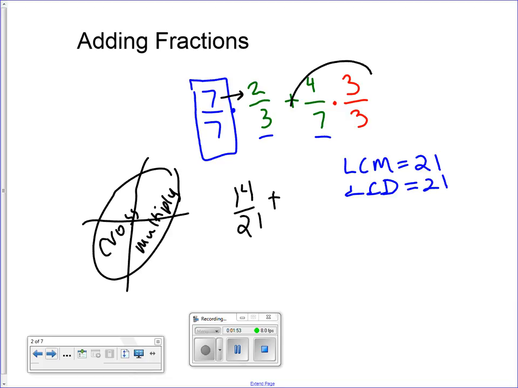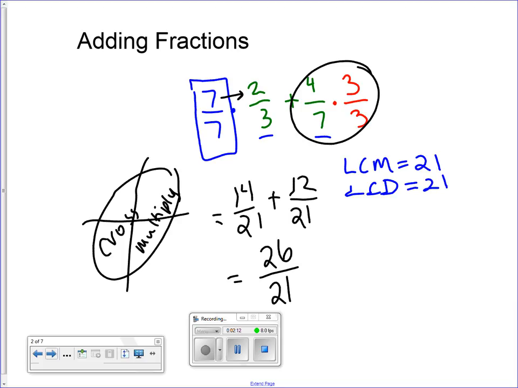You do the same thing to the other fraction. An equivalent expression is 14/21 plus 12/21. Now you can add the numerators together to get 26 all over 21. That is the sum of those two fractions.